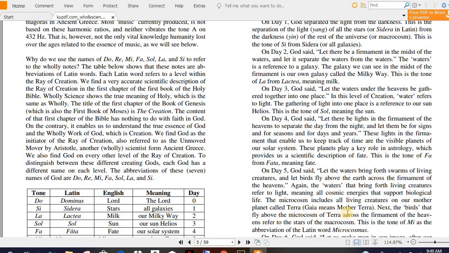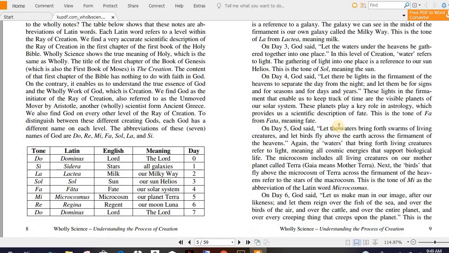The microcosm includes all living creatures on our mother planet called Terra, Gaia, Mother Terra. Next, the birds that fly above the microcosm of Terra across the firmament of the heavens refer to the stars of the macrocosm. This is the tone of Mi, as the abbreviation of the Latin word microcosmos.